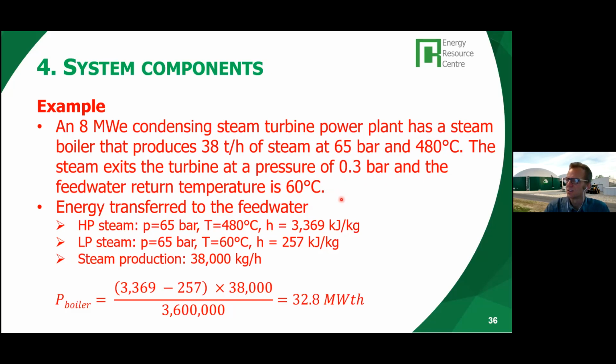Then you can calculate using steam tables, from which you can find the enthalpy of the high pressure steam, or the feed water. Coming back to the boiler, and you have the steam flow, so you can calculate the boiler power as 32.8 megawatts in this case.